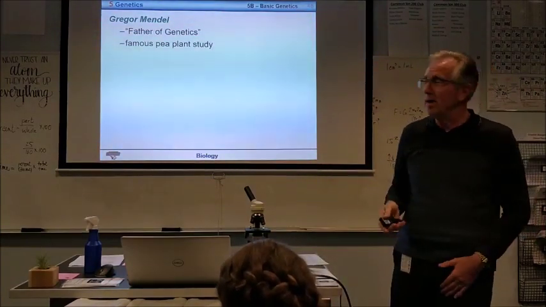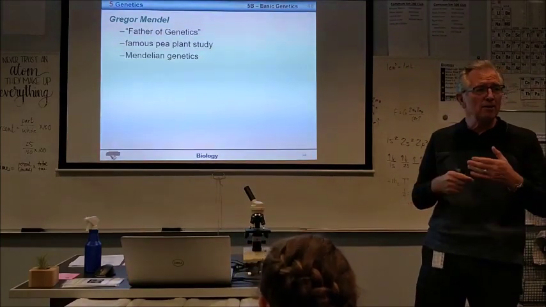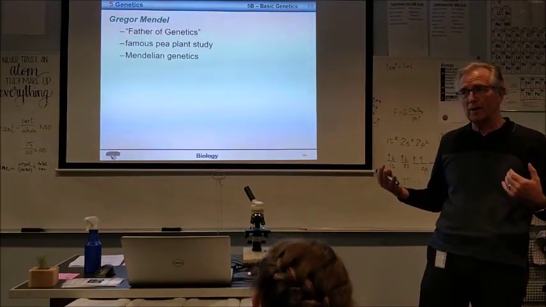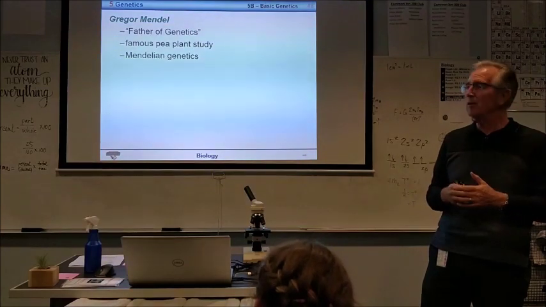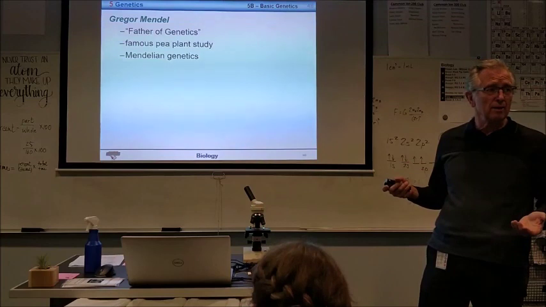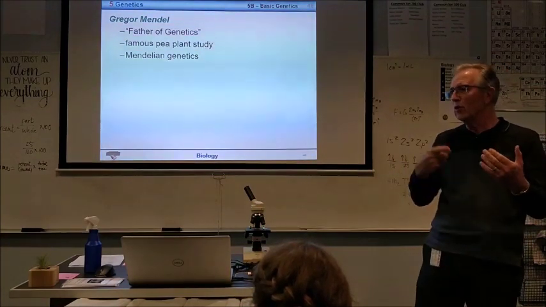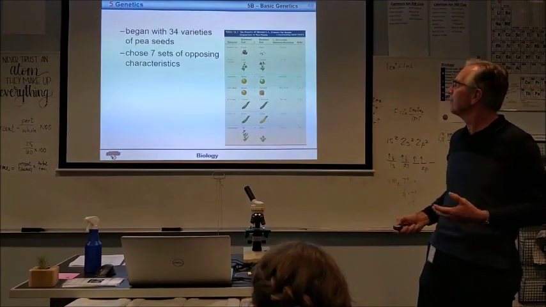And he happened to pick a garden pea, and from that we get all these things that we've learned about genetics, and we name it after him. We have Mendelian genetics. We just named what we've learned about genetics after him.